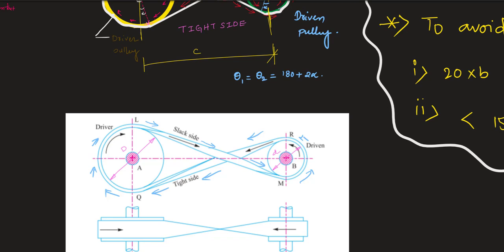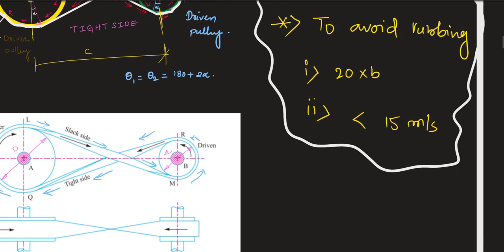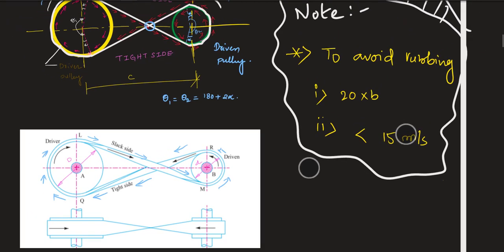Due to this specific movement, the belt gets twisted, and for that reason belts are more prone to failure in a cross belt drive compared with an open belt drive.